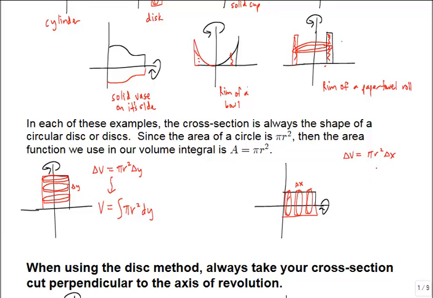And as I let that thickness delta x go to 0, this turns into an integral and becomes volume equals the integral of pi r squared dx. So if your cross-sectional slices, or your circles, are vertical, then you're going to end up with a dx integral. If your cross-sectional circles or discs are horizontal, you're going to have a dy integral.